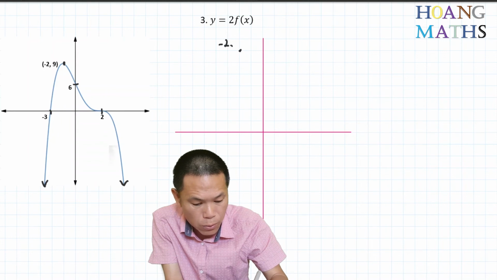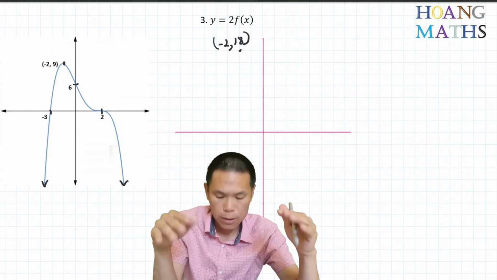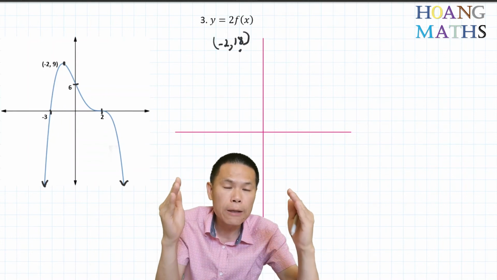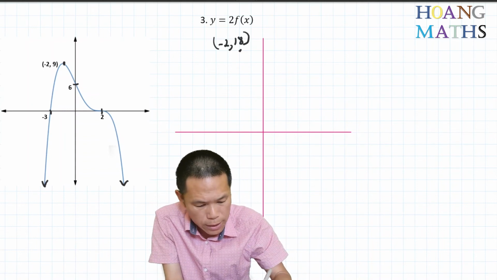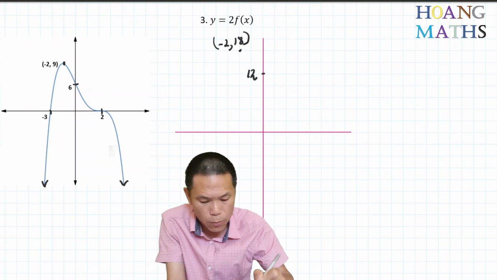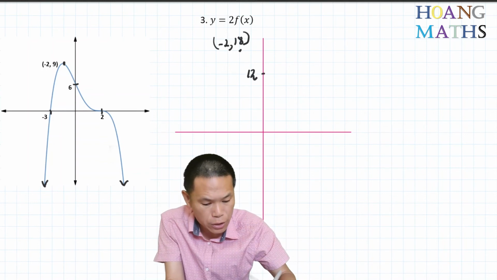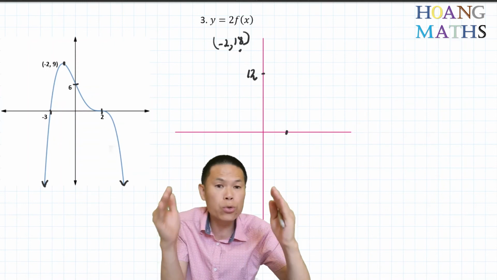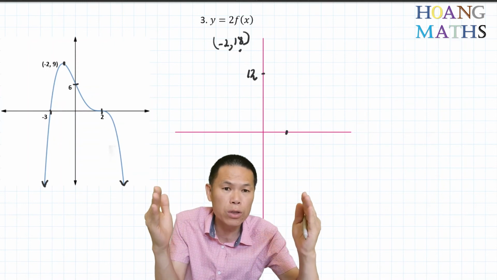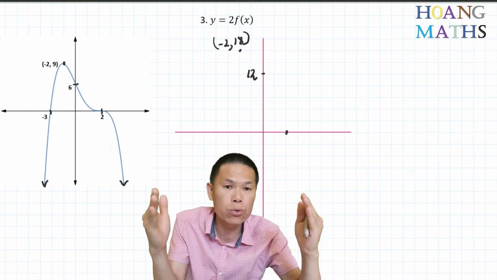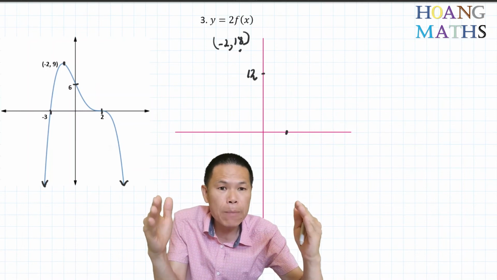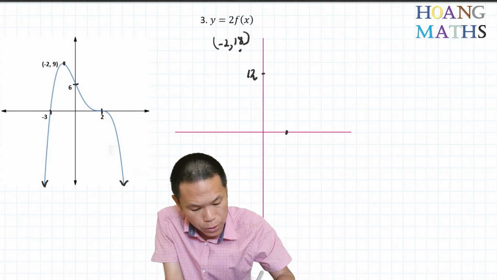The y-intercept is 6, so we double it, becomes 12. So 12 there somewhere. So let's make it 12. And then the point of inflection is still at 2, 0, because we double the y value 0, still 0. So the point of inflection stays the same at 2, 0, and the x-intercept is the same as well.